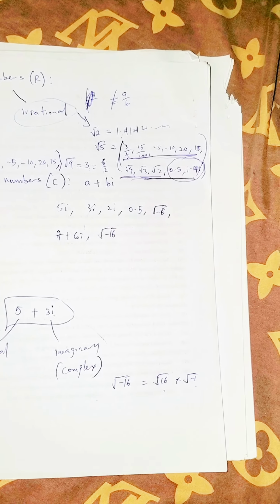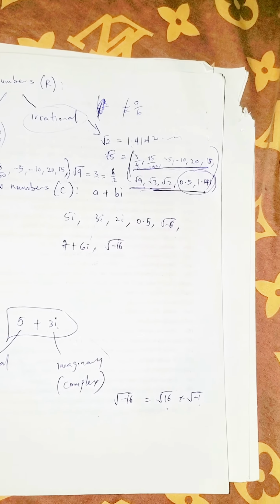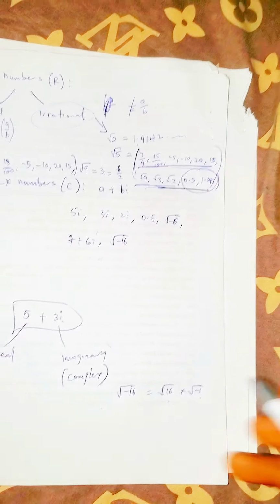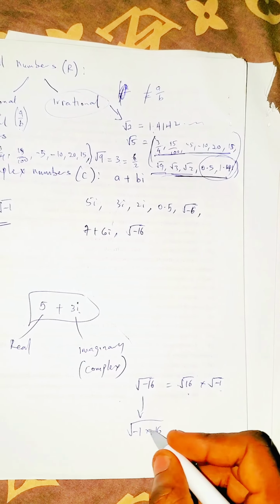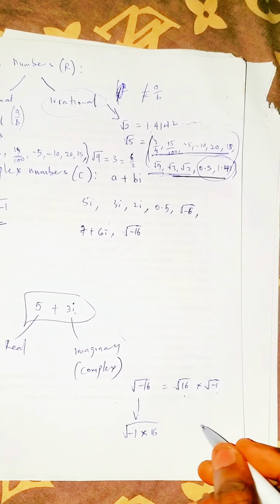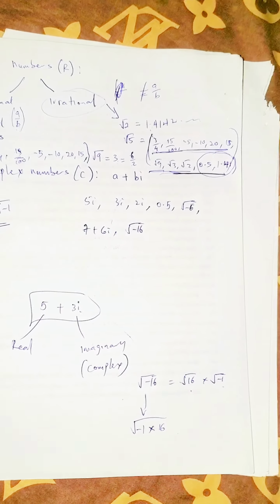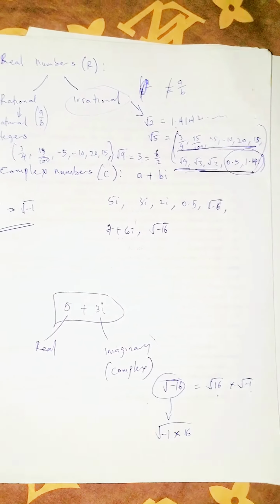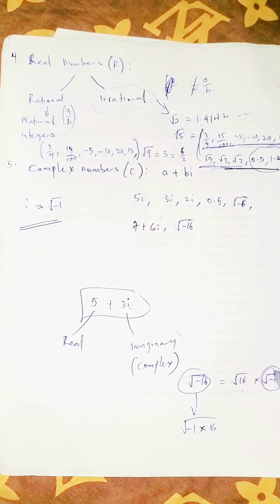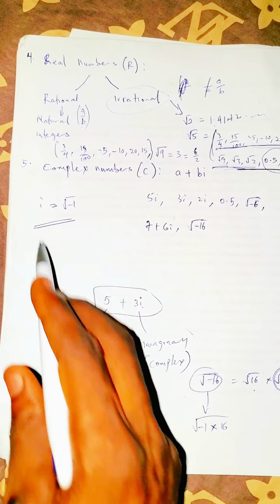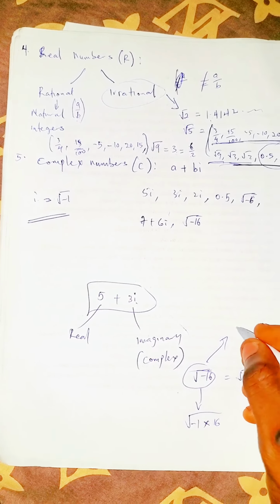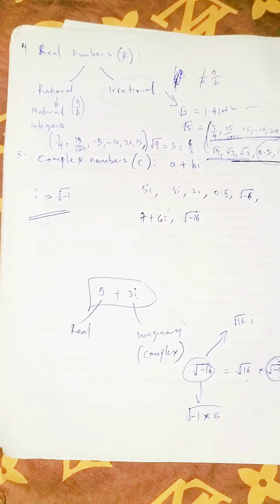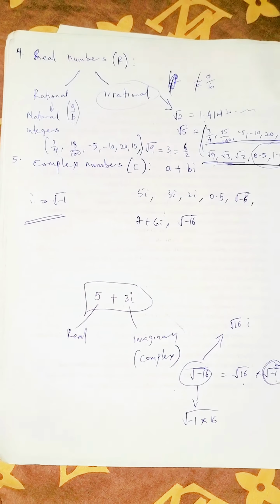Because I can split this into root of minus 1 multiplied by 16, which is root minus 1 multiplied by root 16. And I told you that root minus 1 equals i. So I can definitely say root minus 16 equals root 16 i. Root 16i is the same thing as root minus 16.